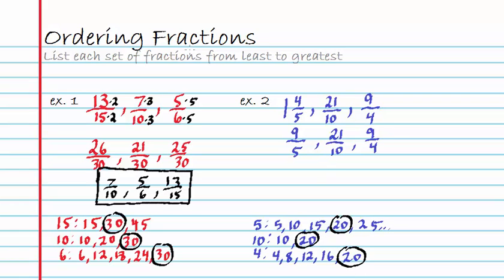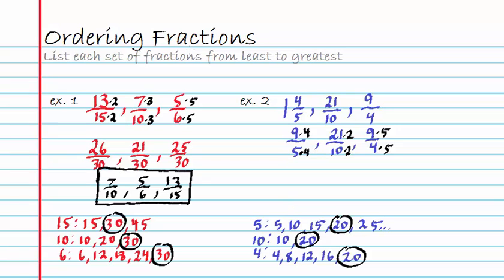So what I need to do is convert each denominator into a 20. So in the first fraction, 5 times 4 gives me 20, so I multiply the bottom and the top by 4. In the second example, 10 times 2 is 20, so I need to multiply the top and bottom by 2. And in the third fraction, we need to multiply the top and bottom by 5 because 4 times 5 also gives me 20.